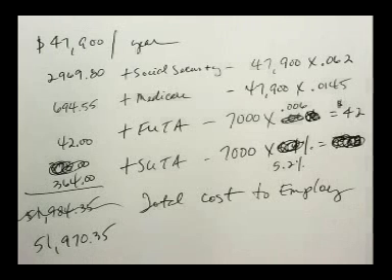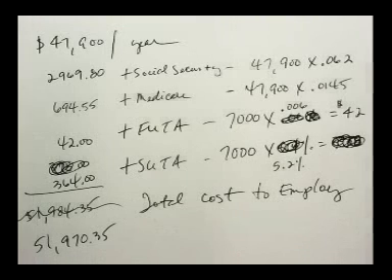Medicare was 680.05. Then it was $42, and SUTA was how much? 406. 406 even? Did you get 50,935.85? See if that checks as the right answer.